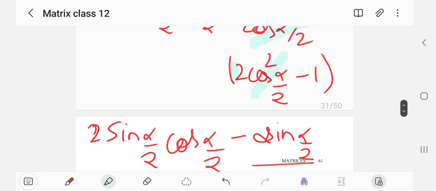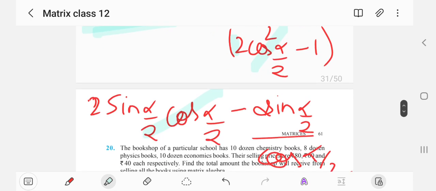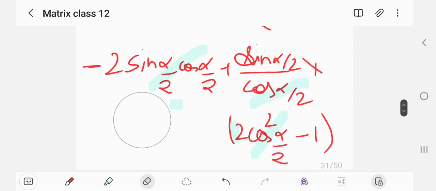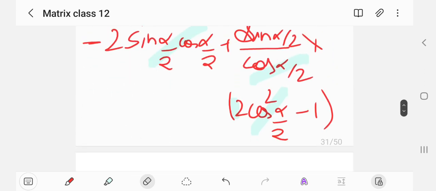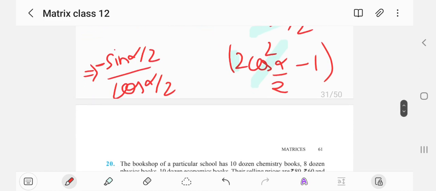Now if you examine, this part can be easily cancelled with this part. Here it is of negative sign, here it is positive sign, so both these parts will cancel. What will I remain with? I will be left with sin alpha by 2 upon cos alpha by 2 with a negative sign, and what would it become?